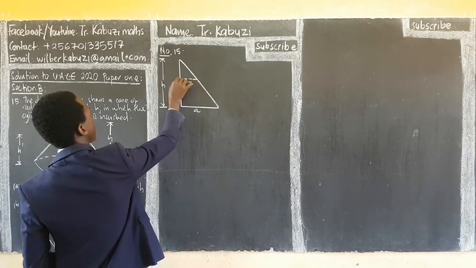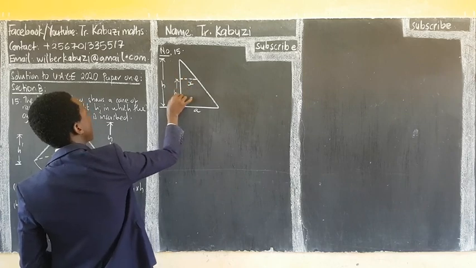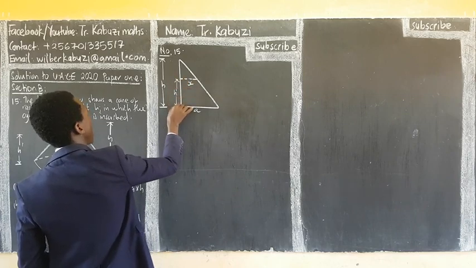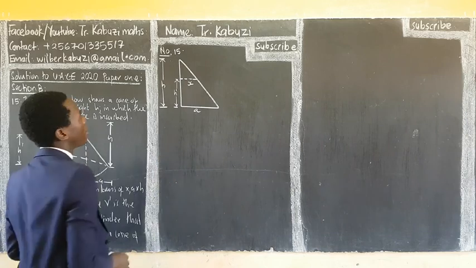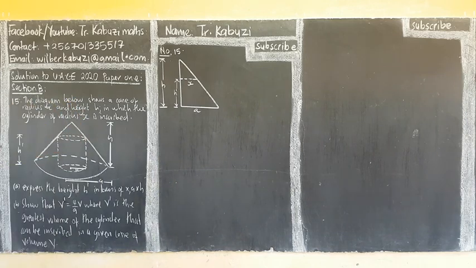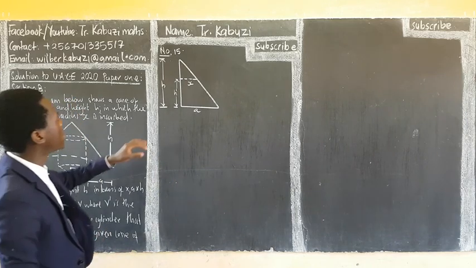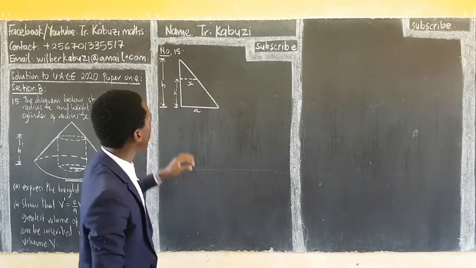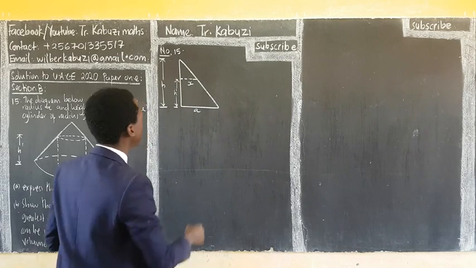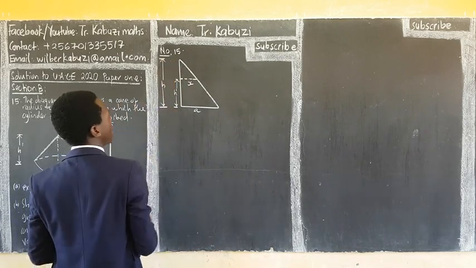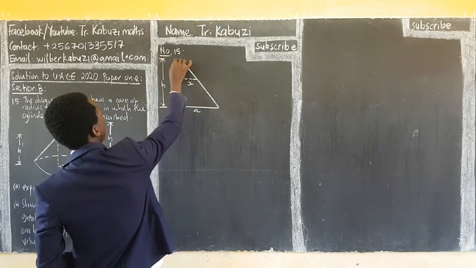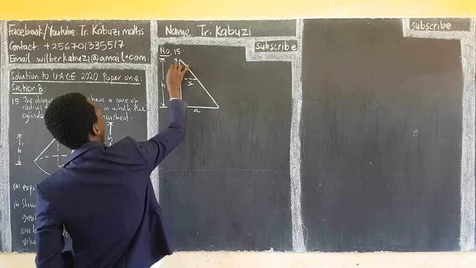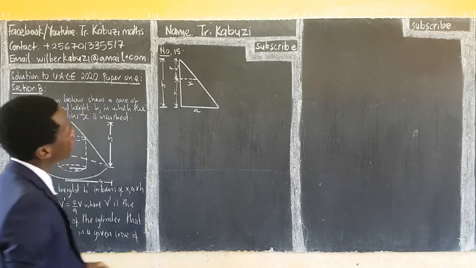Then it means we use two similar shapes. You see this triangle is similar to the big triangle. So I need to get the height of this. Because this is h, and this is h prime, from here up to here it's going to be h minus h prime, like that.